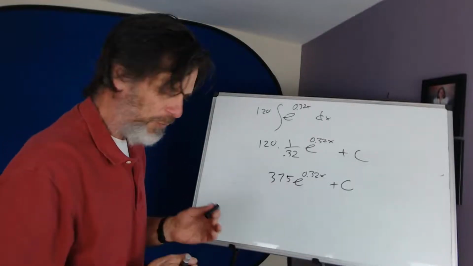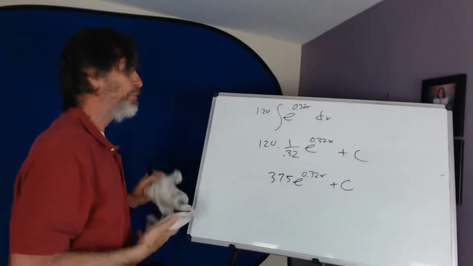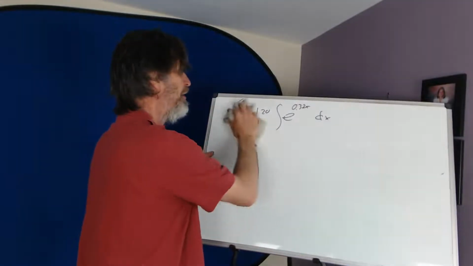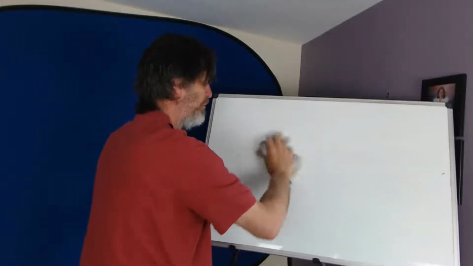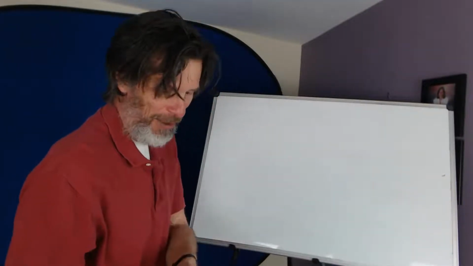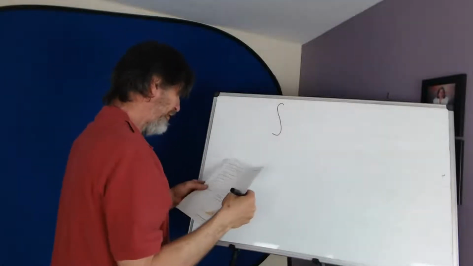Here we have two functions multiplied together, and we didn't learn anything about a product rule as far as antiderivatives were concerned. In fact, there is no product rule for antiderivatives. So if you find yourself in a product situation, unproduct it or multiply it out. So I'm going to FOIL those two things out.